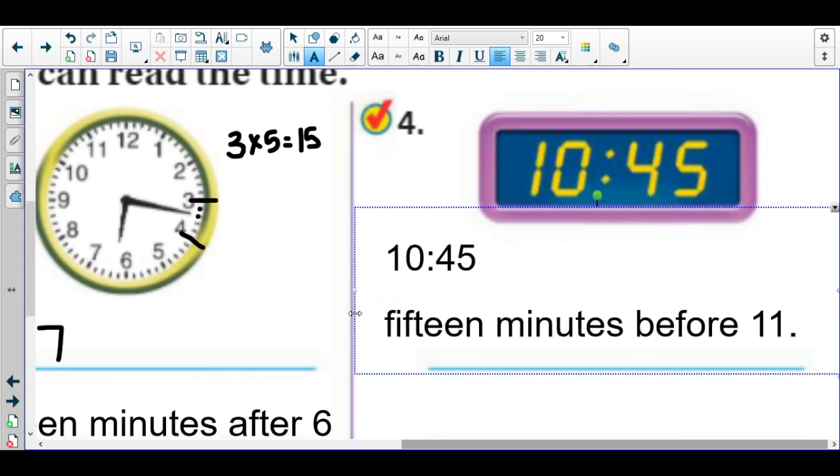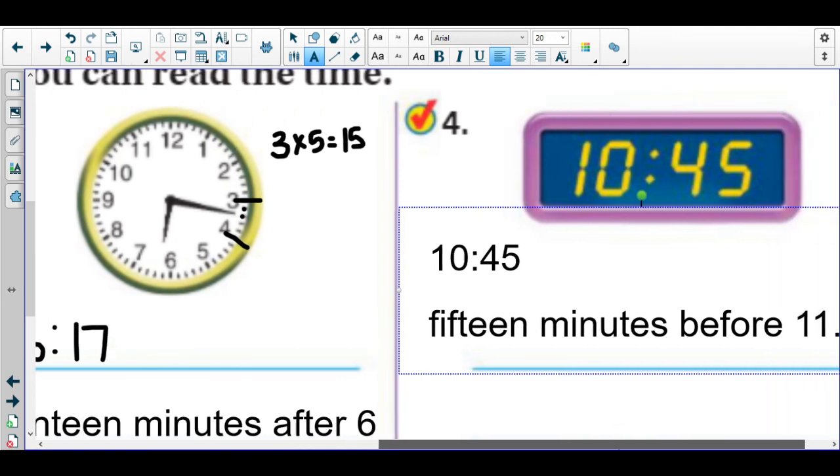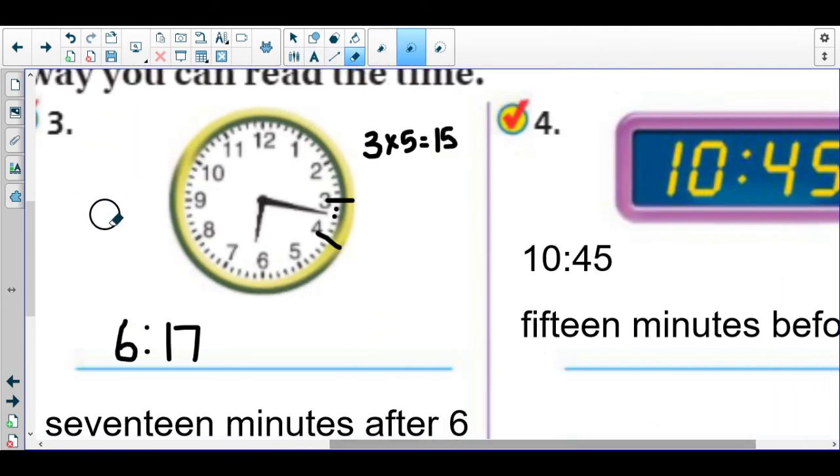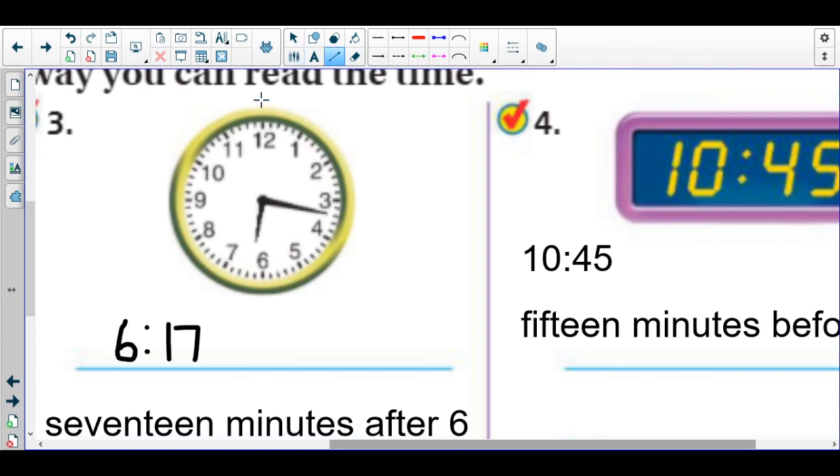Now, there's also another way you can do this, and we'll take a short little detour here. Let's come back here and look at this clock, and let's divide this clock into quarters. All right, so we have 30 minutes, and then we're going to divide it again into quarters.